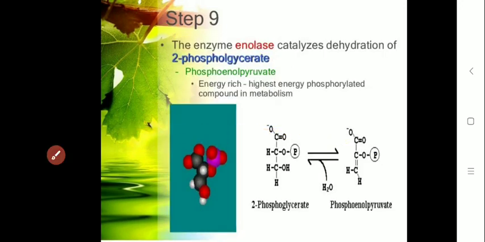Then the process enters the 9th step. Here the enzyme enolase catalyzes dehydration of 2 phosphoglycerate. Dehydration means the removal of water. In the 9th step, the removal of water from 2 phosphoglycerate is carried out, which creates a high energy enol phosphate linkage.